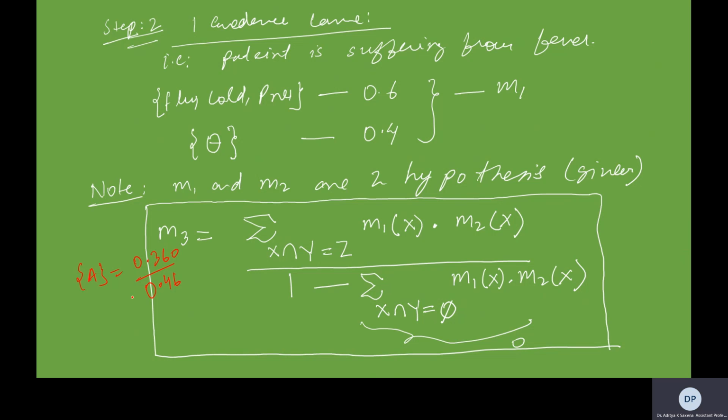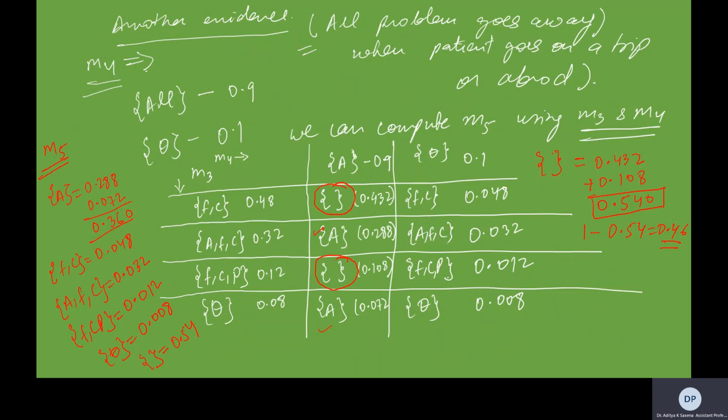So it is around 0.78. This is sometimes called normalization also. So after normalization, we will get many values. So 0.78 for A. We will do similarly for all.